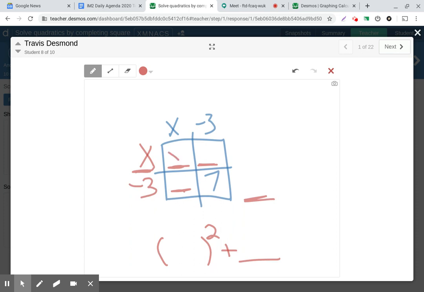Now you can fill in the inside. Negative, right? Now, 7 is the wrong number. It's supposed to be 9. So how can we force 7 to become 9? Add 2. And now we have our twins. Ta-da!